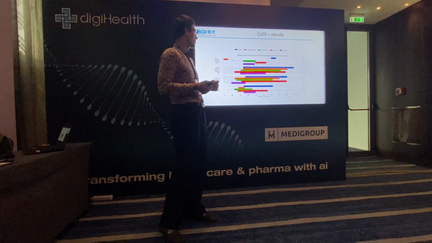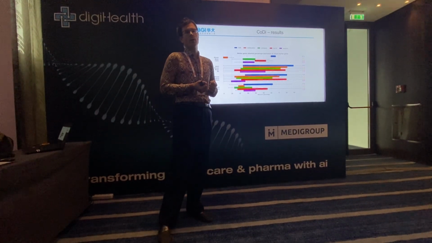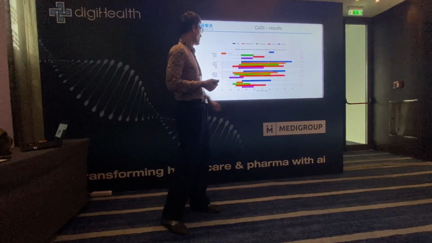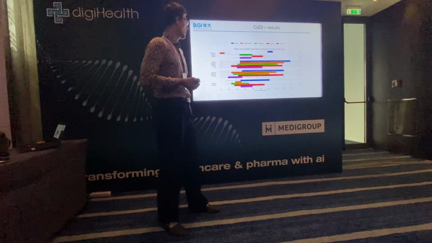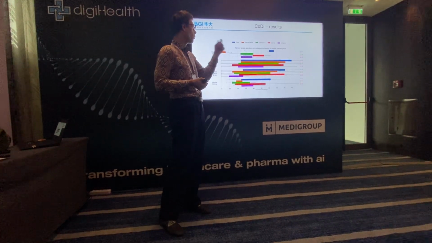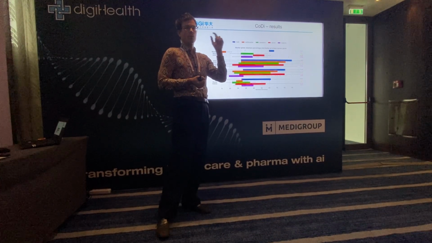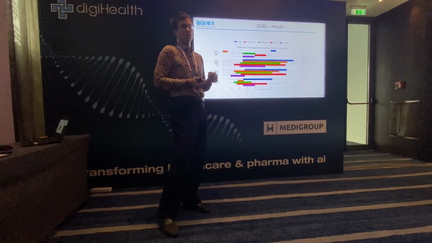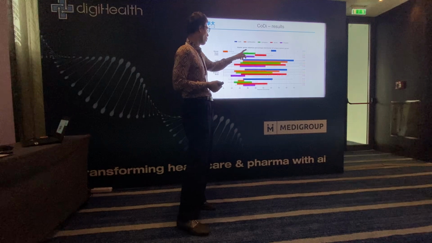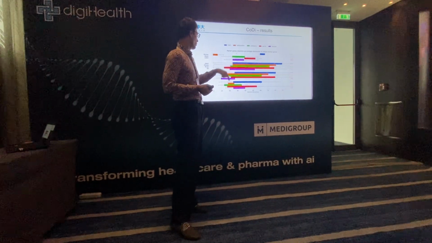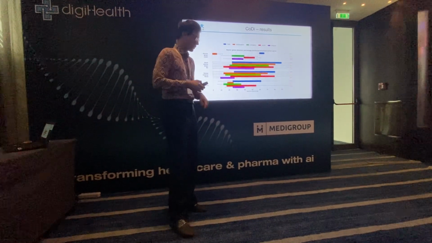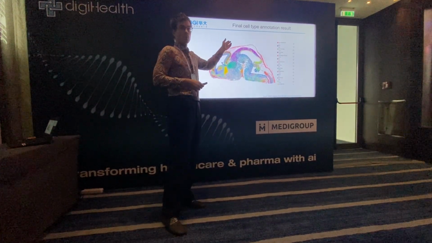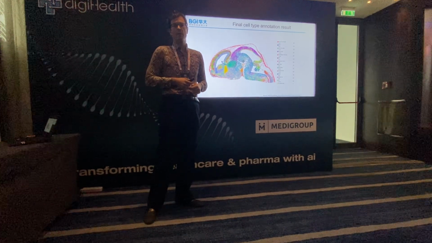This metric measures the preservation of the marker genes in the obtained cell types. These box plots show for each cell type what percentage of the marker genes was preserved in the annotated spatial transcriptomics data set, and also in the majority of the different samples we were able to have the highest retention. And this would be the final result.